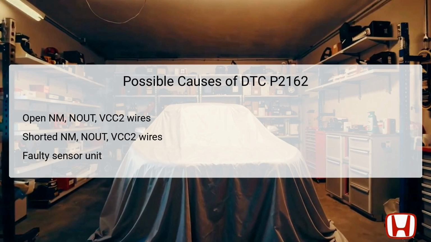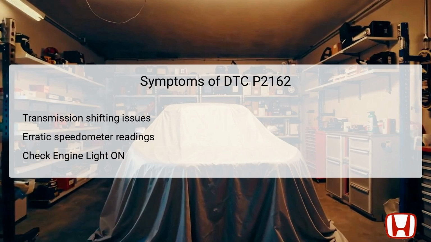Drivers may notice several symptoms indicative of DTC P2162. One common issue is abnormal transmission shifting behavior. The transmission may shift harshly or erratically due to incorrect speed data. Another symptom could be erratic readings on the vehicle's speedometer, with speeds displayed not reflecting the actual motion of the vehicle.